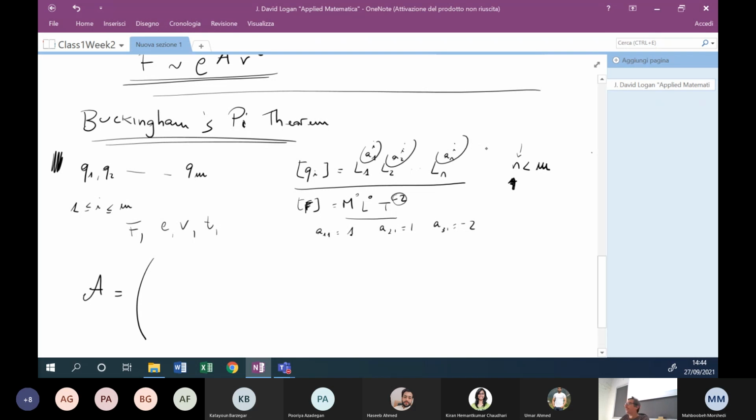Since I have this set of exponents for each variable, I can of course build up a matrix of these exponents. So here I will have A11, A12, and so on, up to A1m, A21, A22, and so on, up to A2m, until I reach An1, An2, and so on, up to Anm.